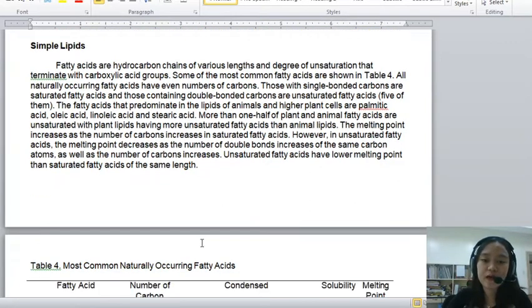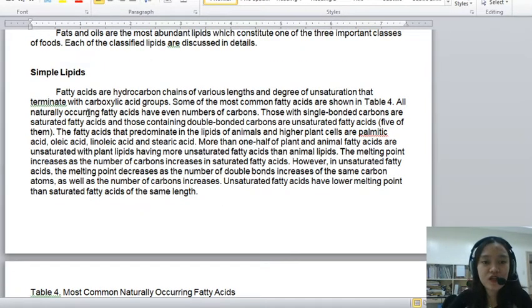So dito mamaya. Okay, so all naturally occurring fatty acids have even numbers of carbon. Yung mga nanggaling sa mga organic natin na fatty acids, they have an even number of carbon atoms. Those with single bonded carbons are saturated fatty acids, and those containing double bonded carbons are unsaturated fatty acids.